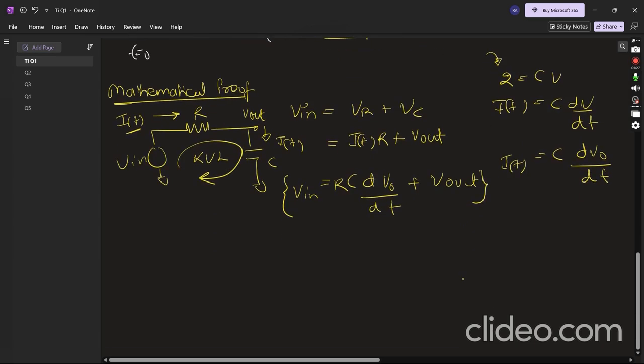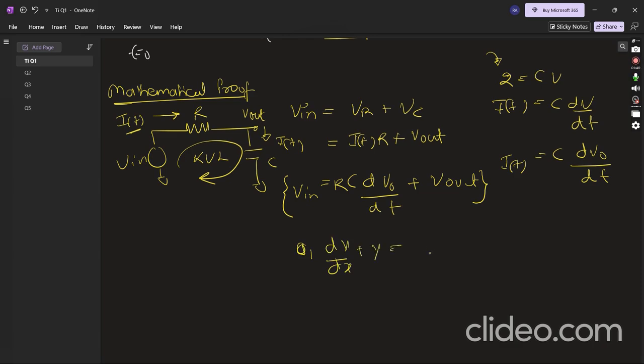Now we can see this becomes a linear differential equation, in the form of some constant a1 dy by dx plus y equal to a function q of x.